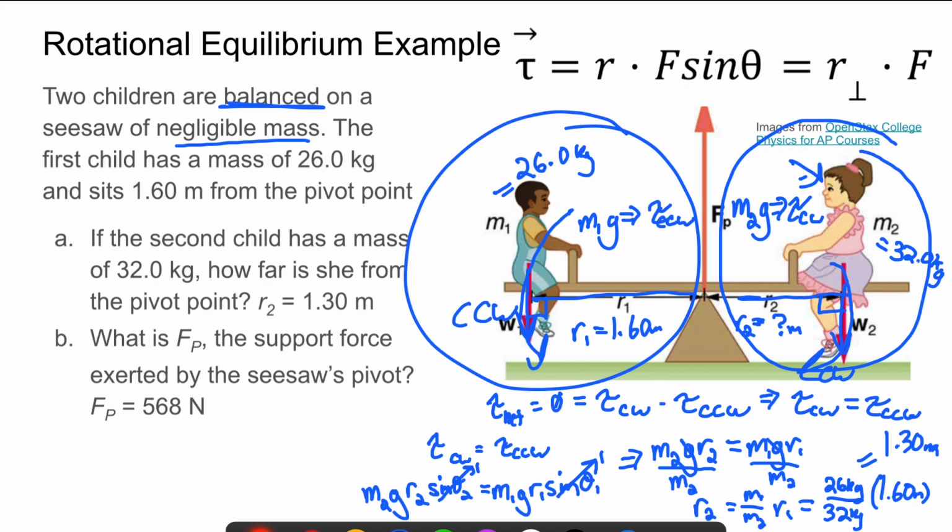So to explore a little bit further, we can think about, well, there also has to be a force here exerted by the pivot that's pushing back up against the weights of our two children, right? And against the weight of the seesaw itself, though in this case, remember we said our seesaw's mass is negligible, so it will have no weight.